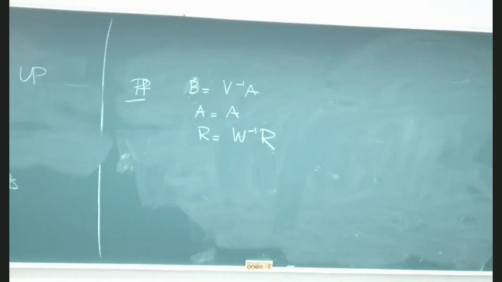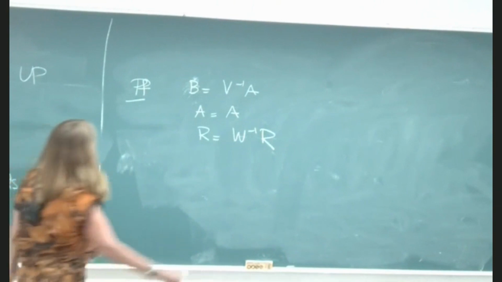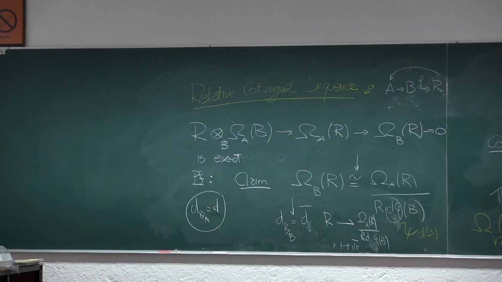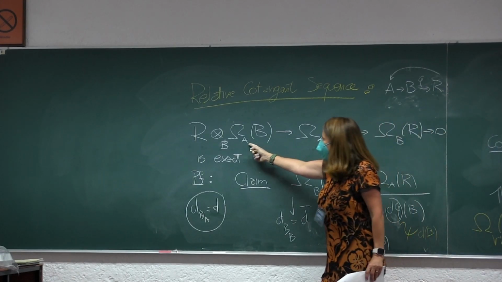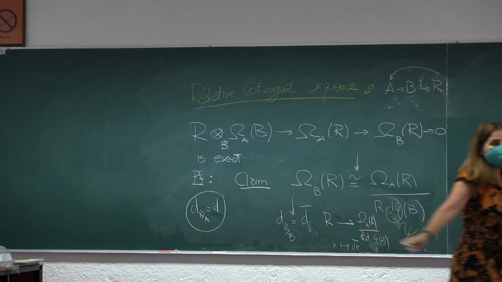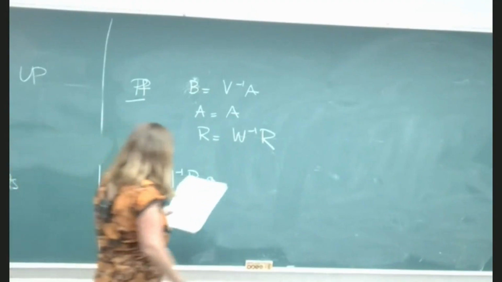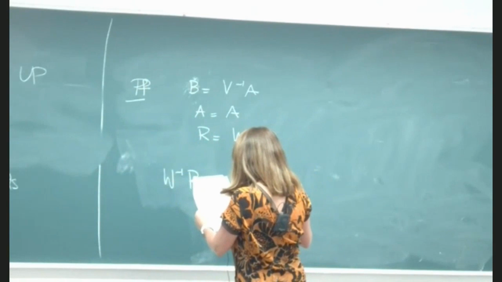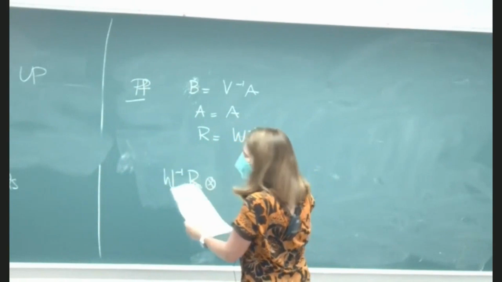So this is the inverse, and localization is just tensoring. So this is the tensoring. And then what happened here? Remember, A is A, and B is V inverse of A. So let's see if I did it correctly or not.